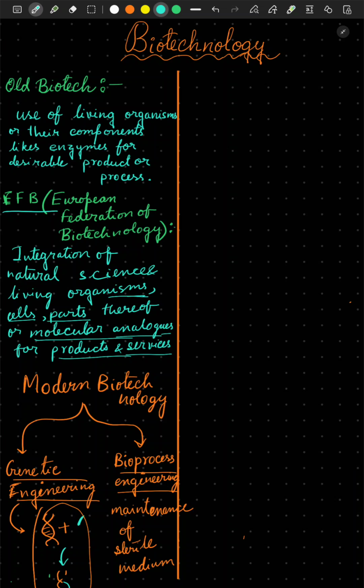What if, along with those peptide chains, some other deformed protein also comes? Then that protein can cause severe damage to your body. Also, it can cause mutation. That's why we need bioprocess engineering in our biotechnology.